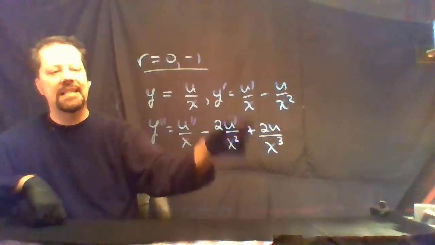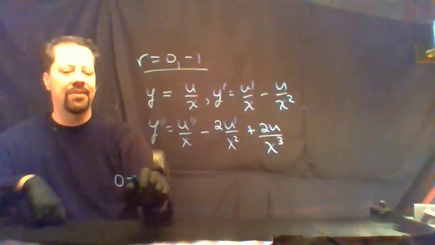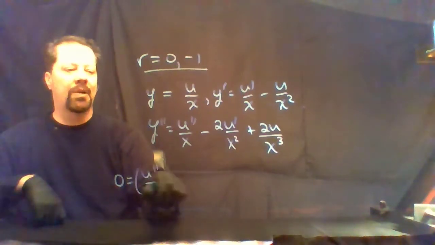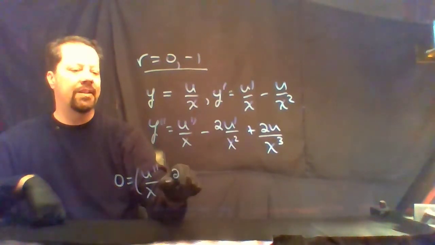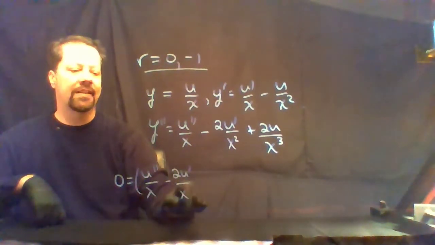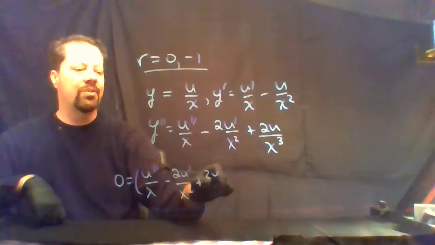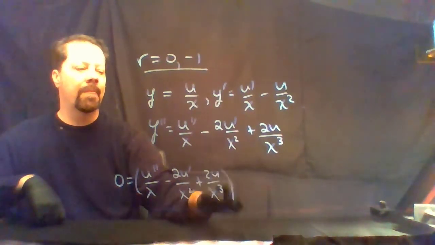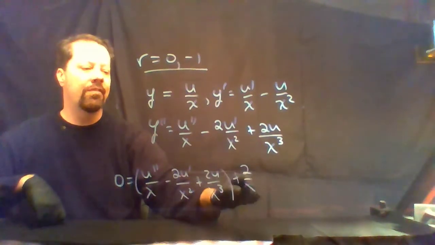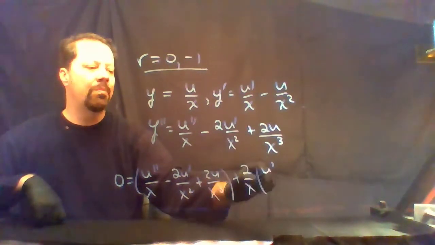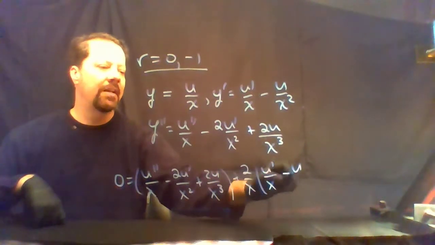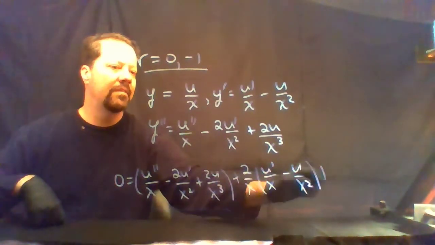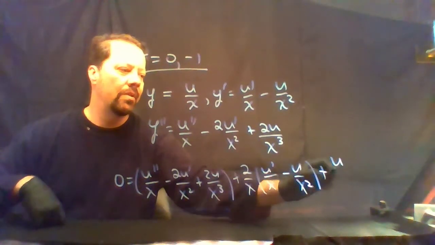If we plug these things into the differential equation, we get 0 equals u double prime over x minus 2u prime over x squared plus 2u over x cubed plus 2 over x times u prime over x minus u over x squared plus u divided by x.